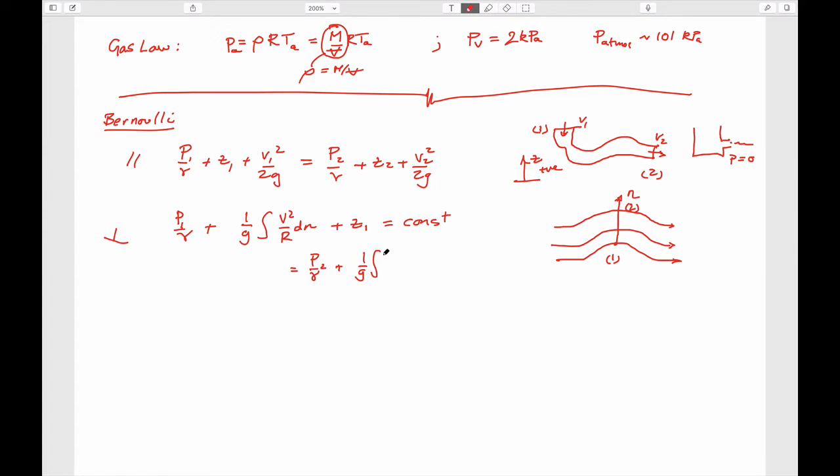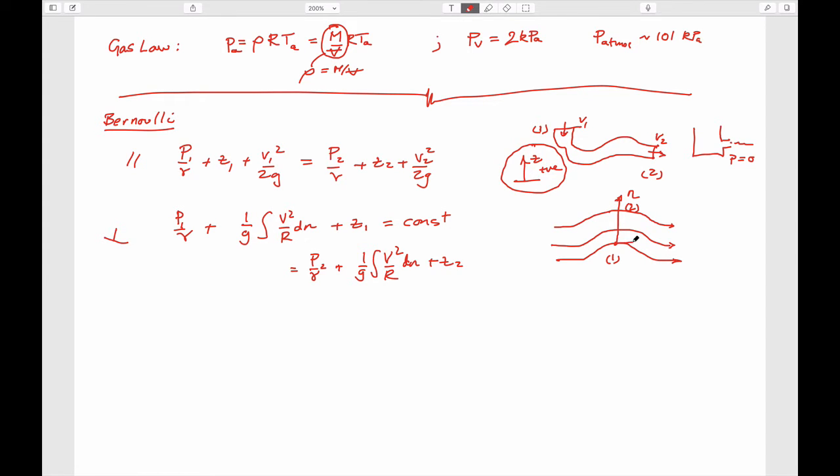This is gravitational acceleration, v squared over r dn, plus elevation at point 2. And in this, the pressures are the pressures at those particular locations. Elevations are the particular elevations at those locations, following the same sign convention we have here. The velocities would be the streamline velocities at these points.